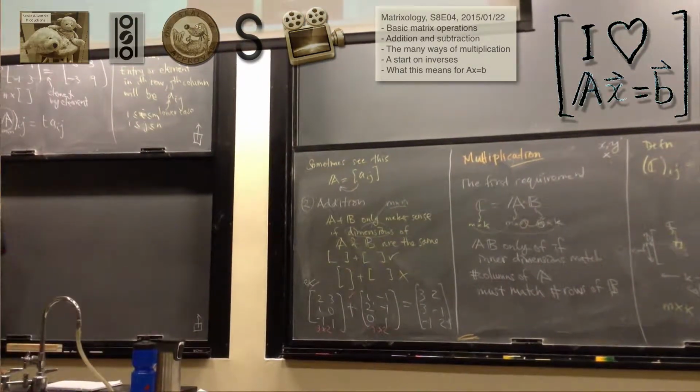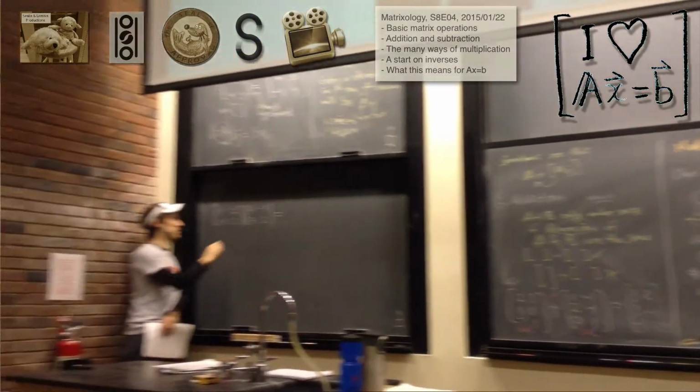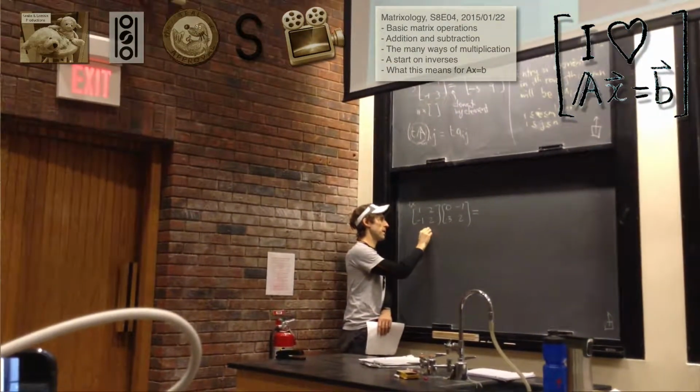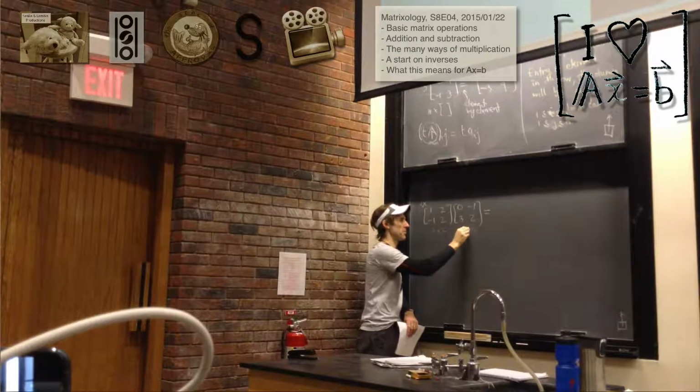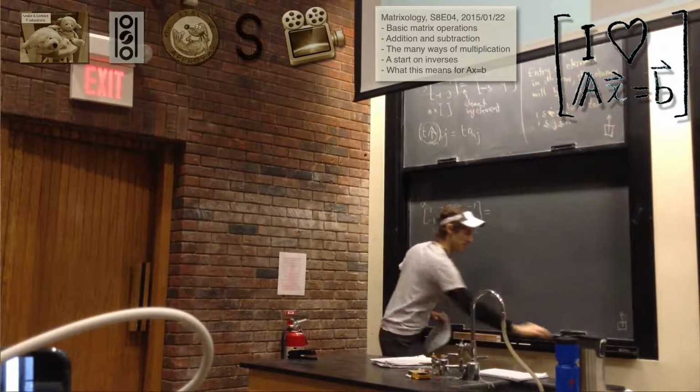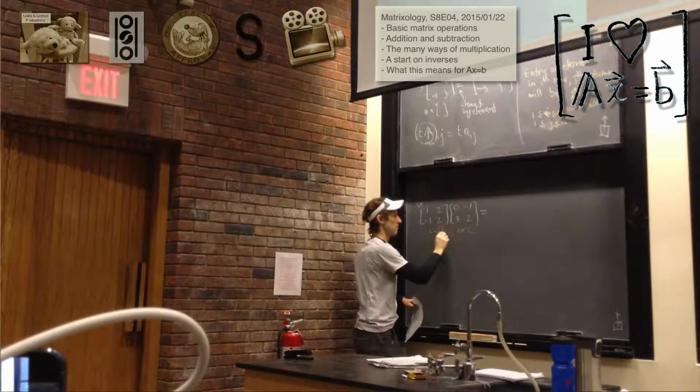So here's an example. 1, 2, minus 1, 2, and 0, minus 1, 3, and 2. So it satisfies what we want. It's nice to write it down. It's a 2 by 2, and we'll have some different dimensions to make it a little more interesting. 2 by 2, so these things match.